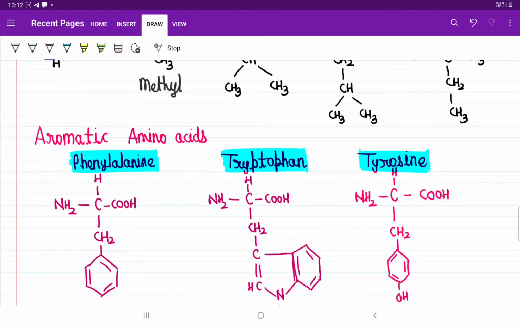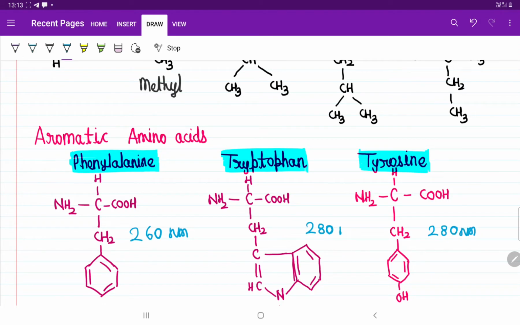light at 280 nanometer. Like our phenylalanine absorbs maximum light at 260 nanometer, I'm writing here 260 nanometer nearby. Tryptophan absorbs light at 280 nanometer, right? And tyrosine and tryptophan absorb maximum light at 280 nanometer.